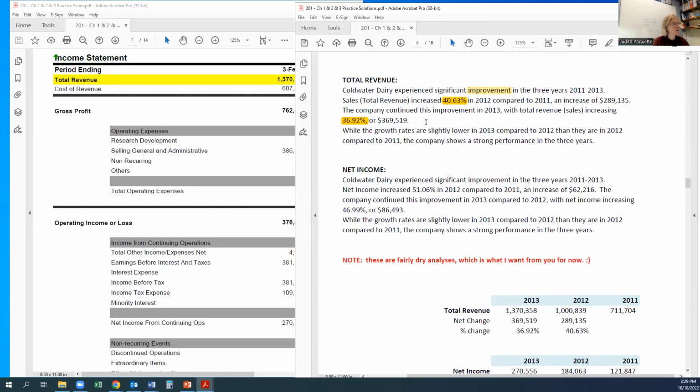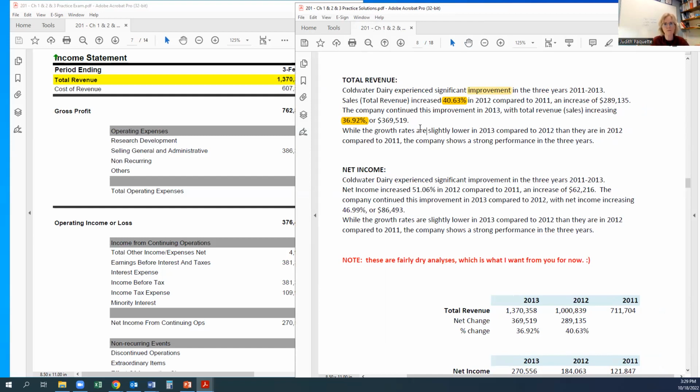Okay. All right, and then we do it again. The company continued this improvement in 2013 with total revenue increasing 36.92%. Remember, I like those two decimals, or 369,519.